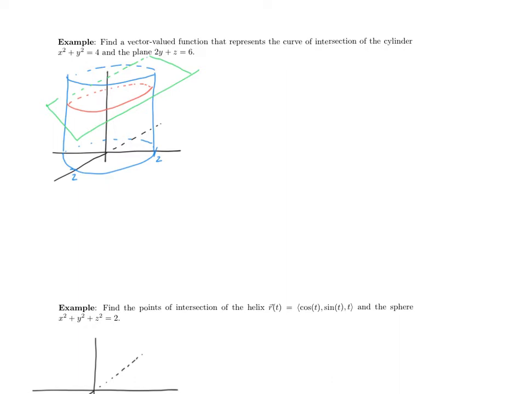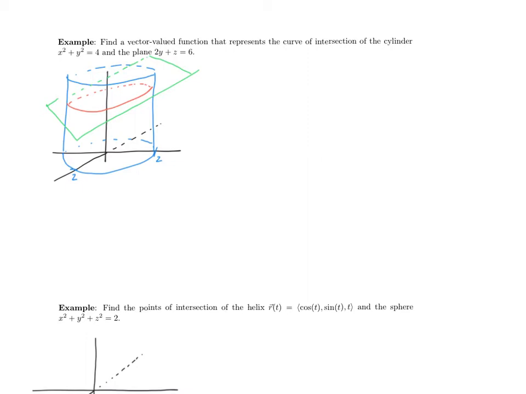And how I think of this visually is maybe this cylinder is like a paper towel cylinder or even a loaf of bread, and the plane is a knife where we cut it, we take the top off, and then the portion that remains would be this curve of interest.